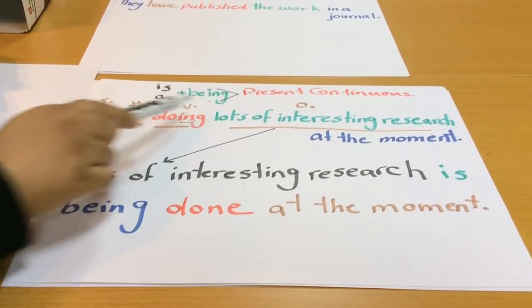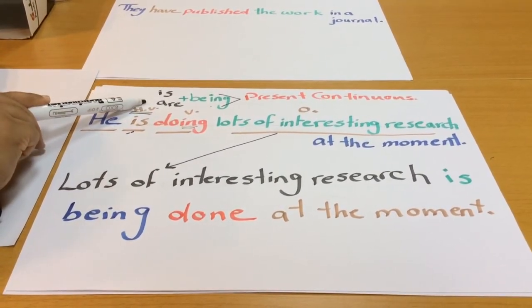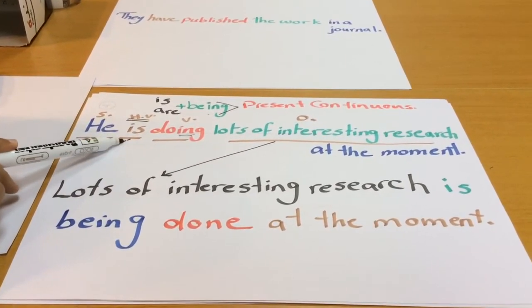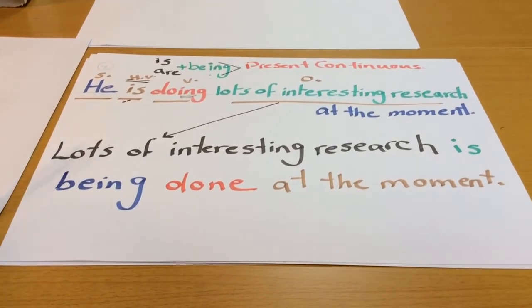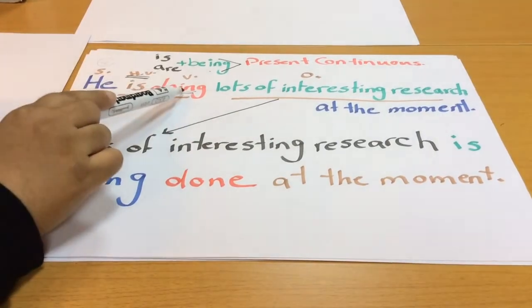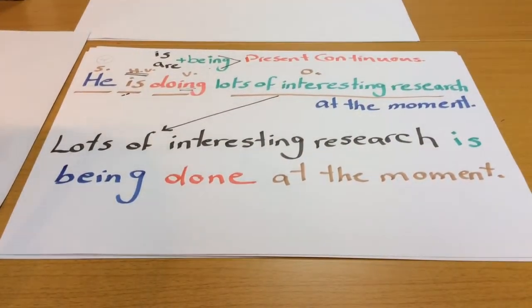What kind of helping verbs do we need? We need is, we need are. One of them is already mentioned in the sentence. So what are we going to do? We will need the main verb, but we have to add ing because it is continuous.